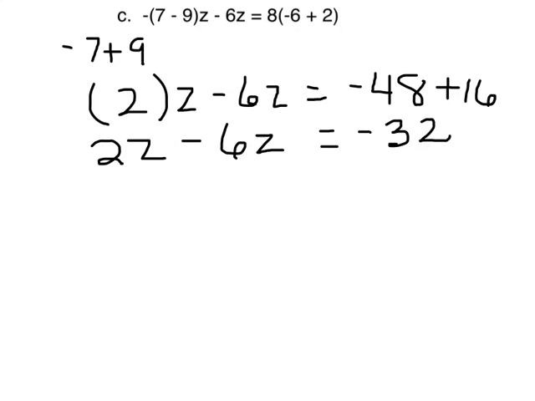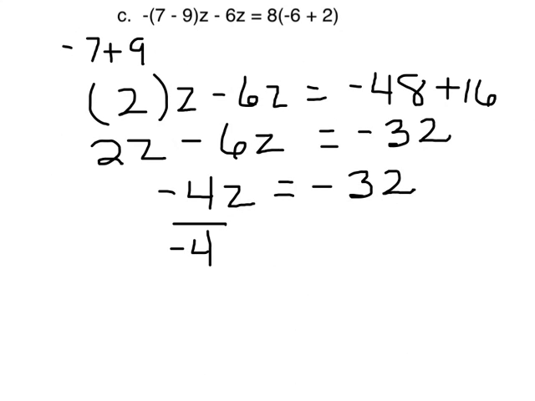So negative 6 and positive 2 is negative 4Z equals negative 32. Let's eliminate this negative 4. And we have Z equals positive 8 because negative and negative makes a positive.